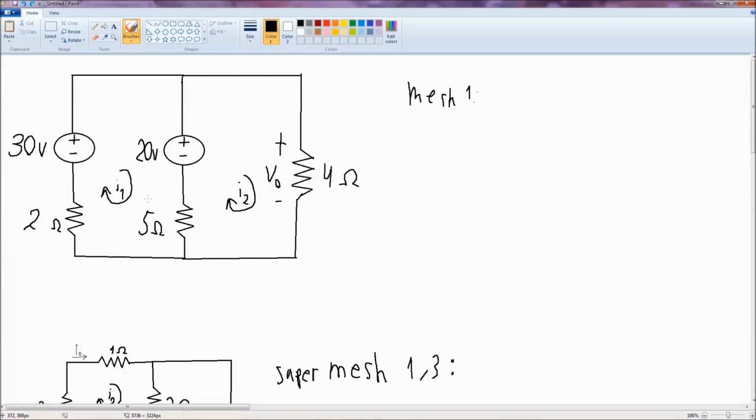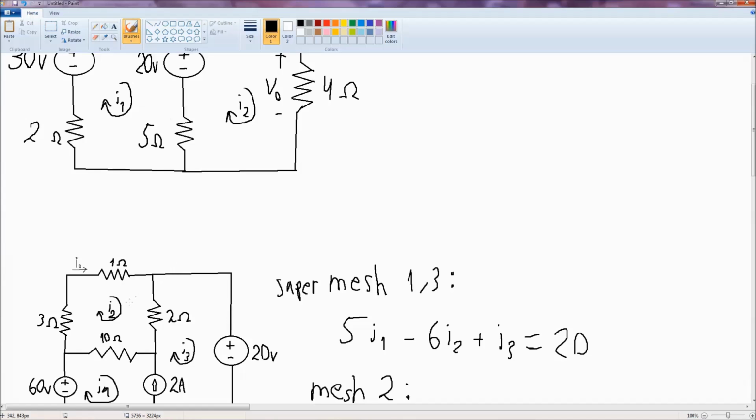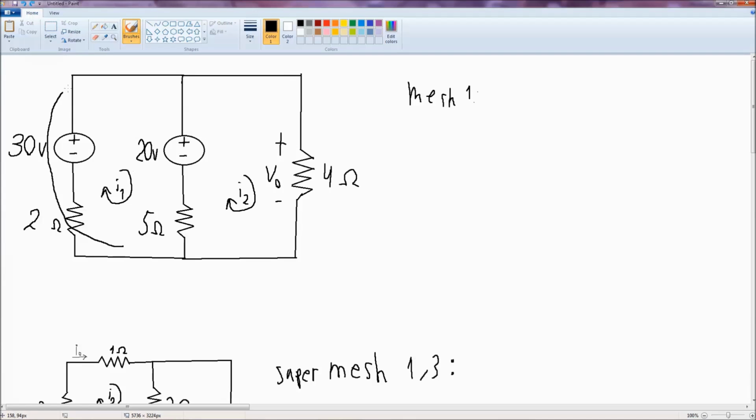So let's review everything we covered. Basically you need to find loops, assign meshes to loops like we did everywhere, and then you solve with Kirchhoff's voltage law.